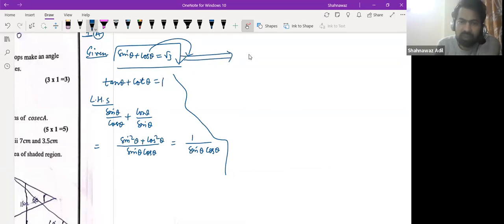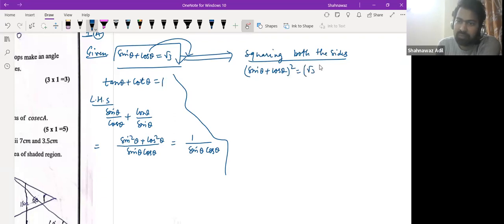Squaring. So squaring both sides, what we will get is sine theta plus cos theta, the whole square, and this is root 3 square.